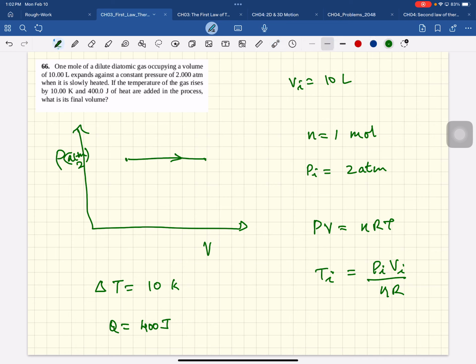All right, so for the initial temperature: initial pressure is 2 atmospheres, initial volume is 10 liters, one mole.